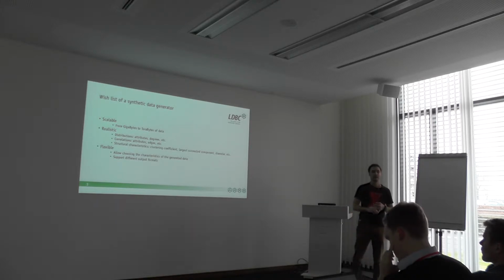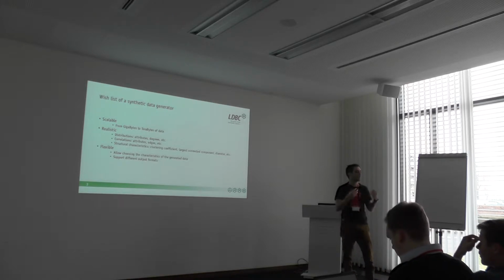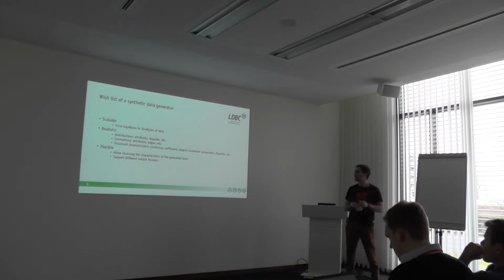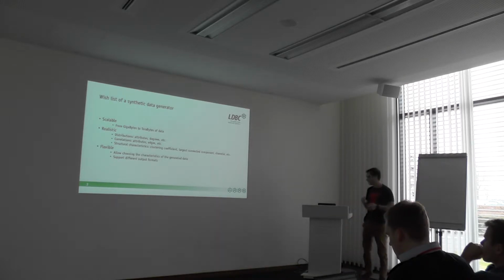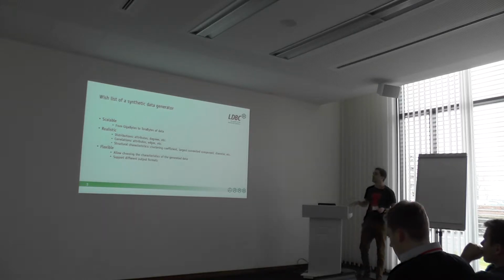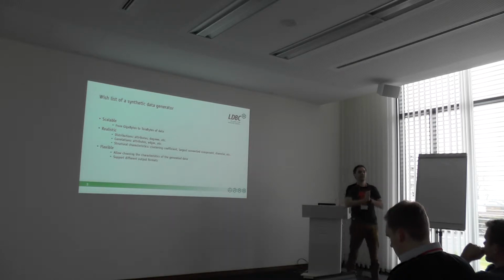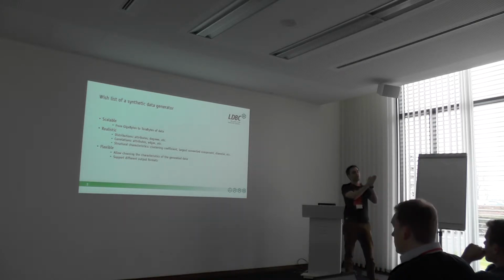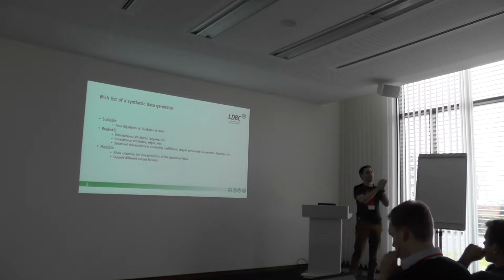like a community structure or a large clustering coefficient, a skewed degree distribution, a large connected component, diameter, and so on and so forth. Finally, we want flexibility, because this allows us to generate a graph at a given scale, and then change some of these properties and see how these affect the performance.